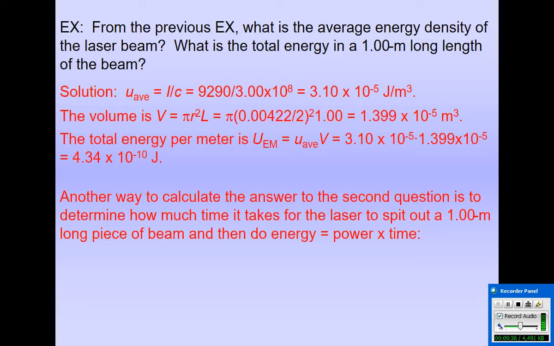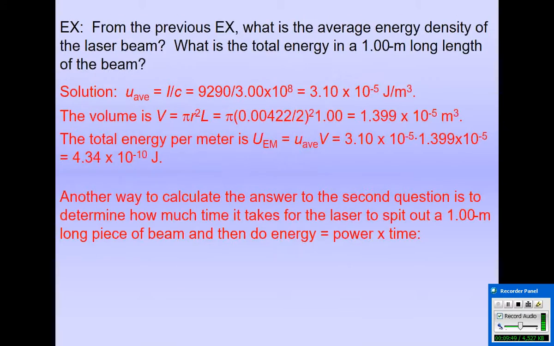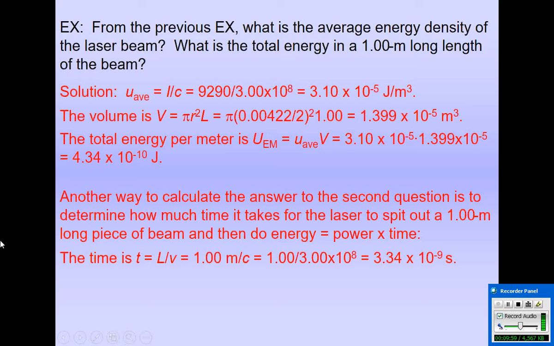There's another way we could have answered this question, and that would be that the energy is equal to power times time. In this case, the time is the time it takes for the laser to spit out 1 meter's worth of laser. And since the laser beam travels at the speed of light, we can find that time.